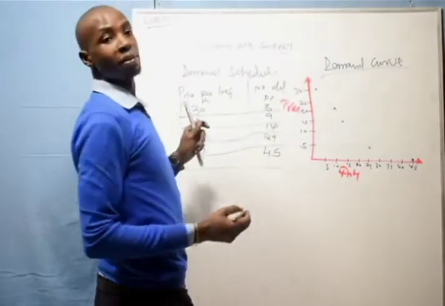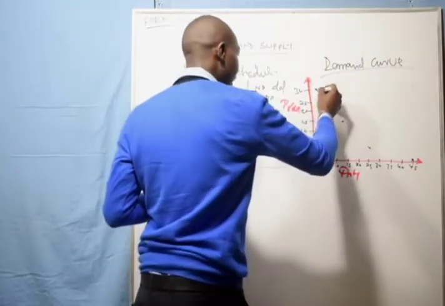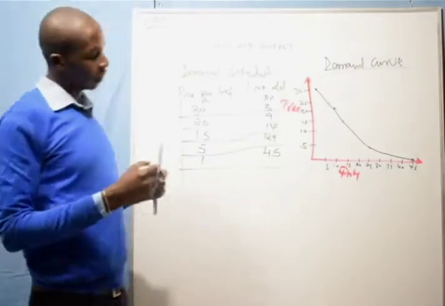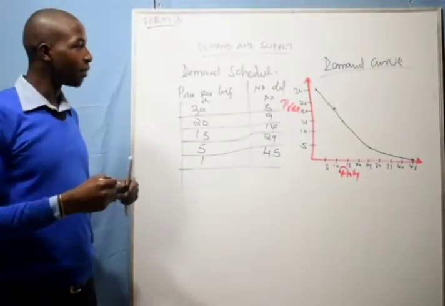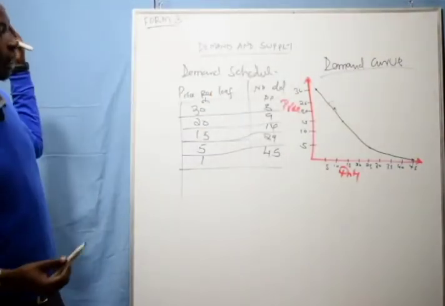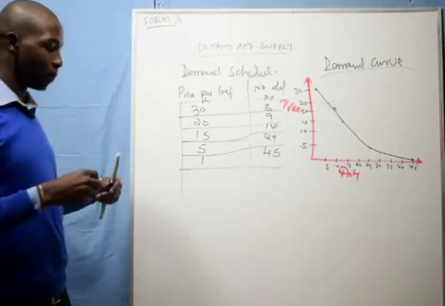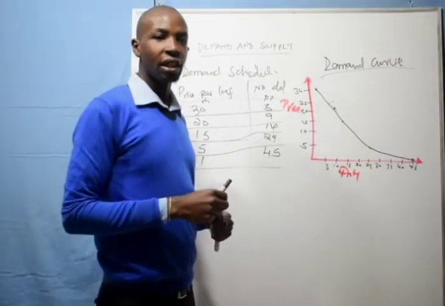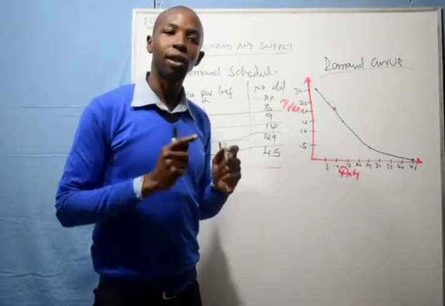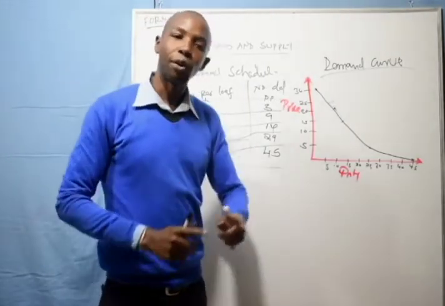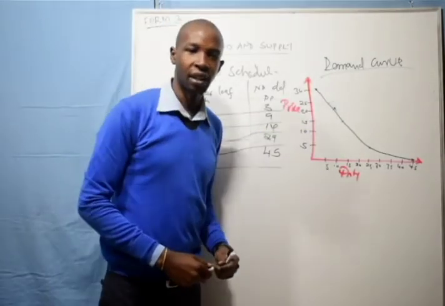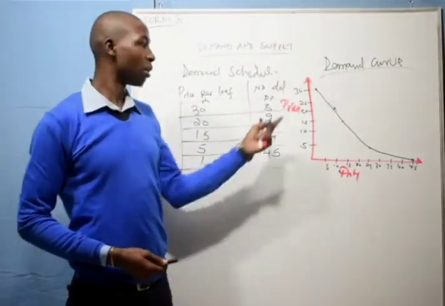So how does our demand curve look like? It is a curve moving that way. So it slopes from the left down towards the right. So note that the demand curve slopes from the left down to the right.